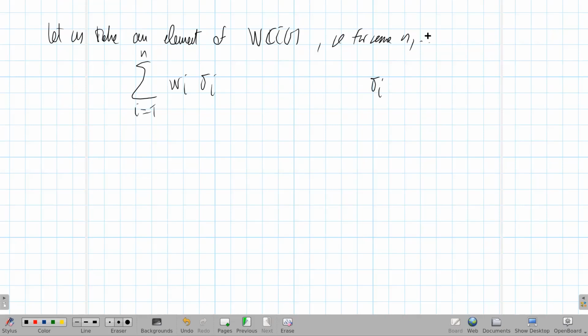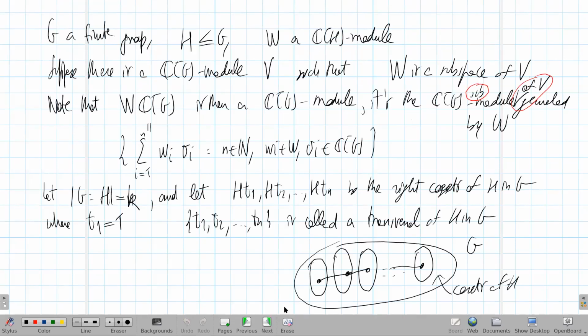So the Wi are in W, and the sigma i are in the group algebra. So the elements of the group algebra you can simply write as the sum over g of a_g g. Let's fix the notation on the previous slide. This we call script T, a transversal.